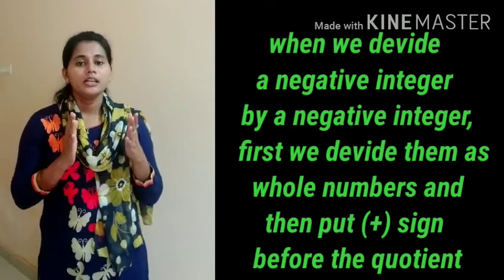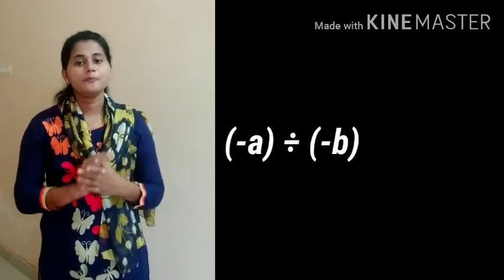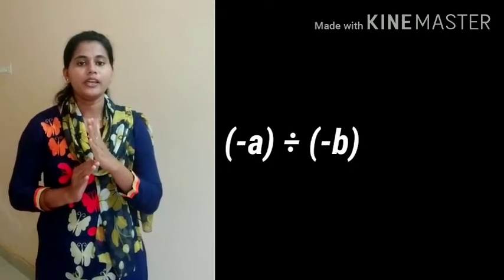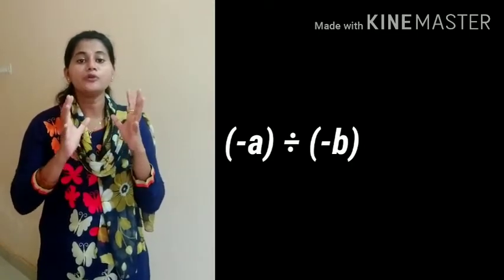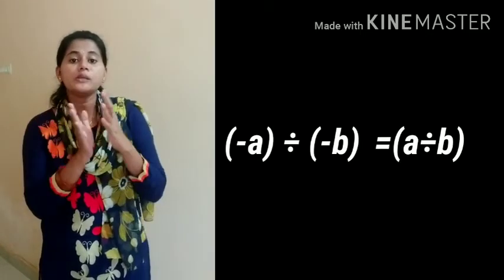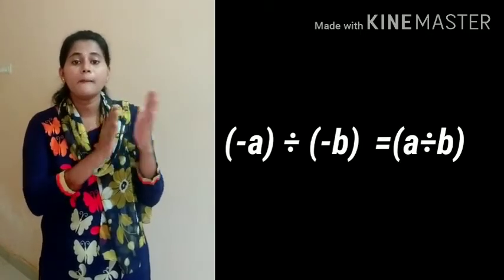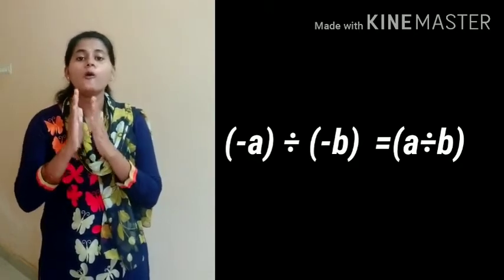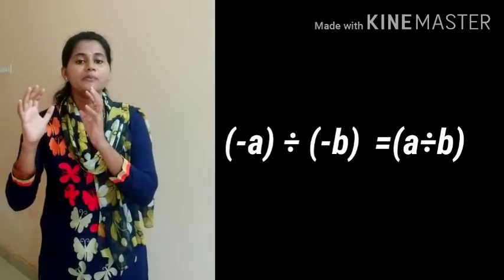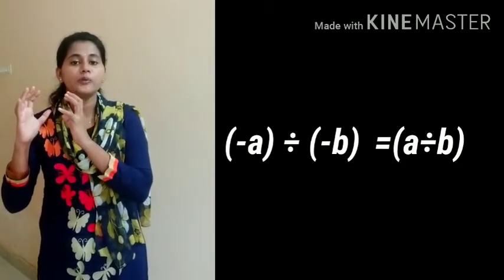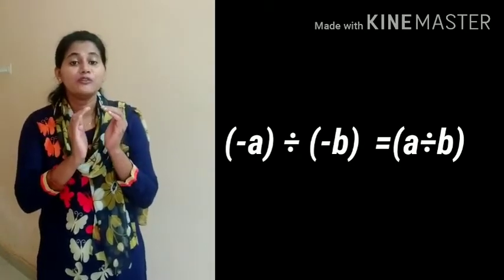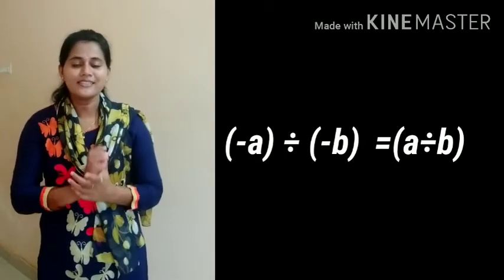In general, for any two integers, minus a divided by minus b: we divide them as whole, that means a divided by b, and before the quotient which sign do we use? Minus minus is plus. So plus of that quotient, a divided by b. That quotient is coming, and before that the plus sign.